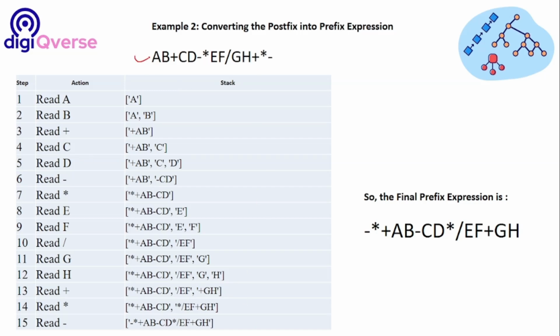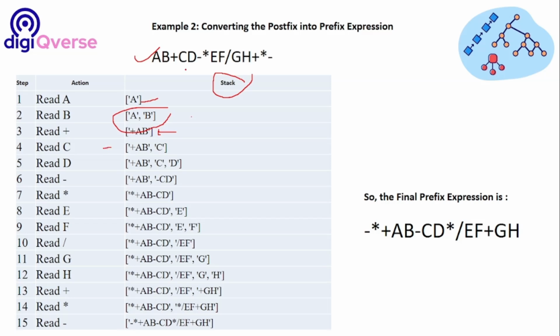First we find the first operand, which is A, and place A inside the stack, as shown in the table. Next is B, so A and B are placed inside the stack. Next is the plus. That's great. So we pop A and B, and with the help of plus we form the prefix expression in S, right?